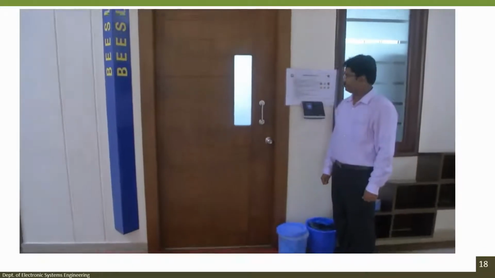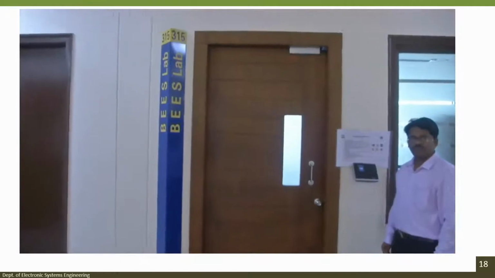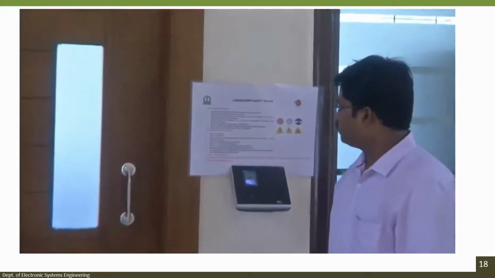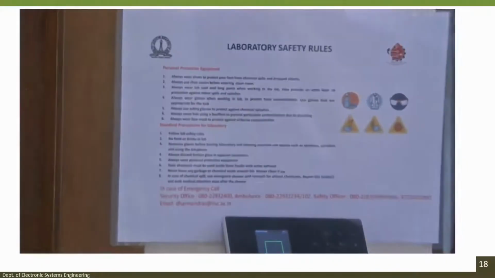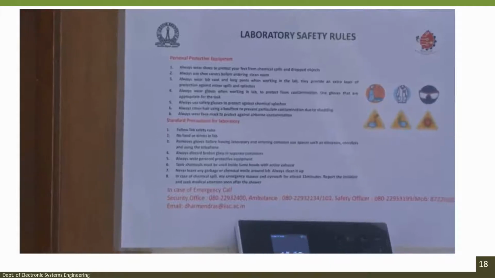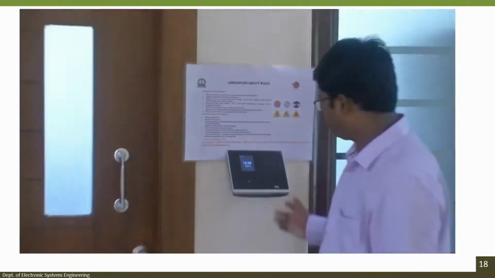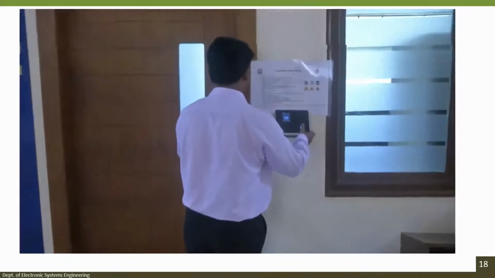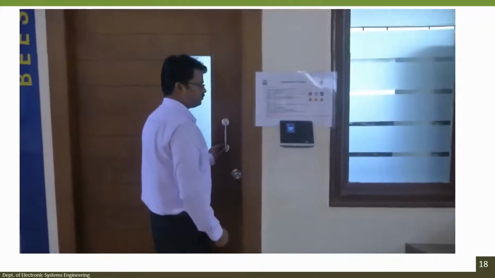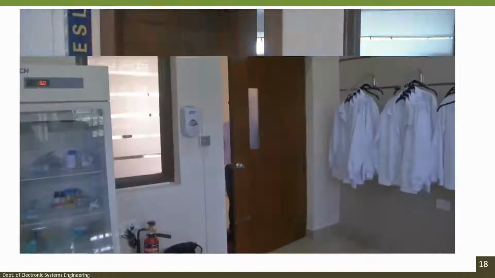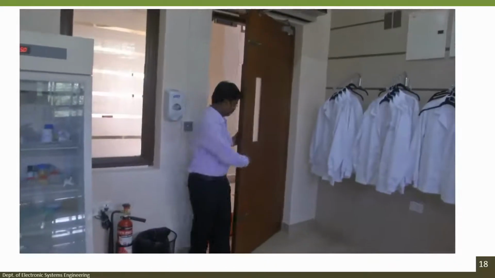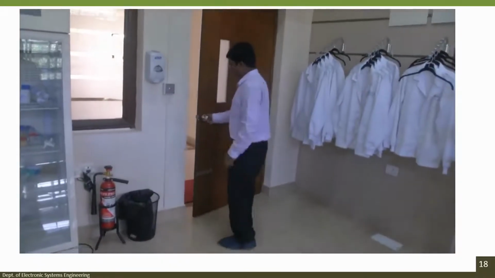As you can see to the right side, there are laboratory safety protocols which clearly state the mandatory protocols which are to be followed even before entering the clean room. So now he takes the access and enters the clean room. Once he has got the access, he opens the clean room door. Now you see how he enters the clean room and then shuts the door.